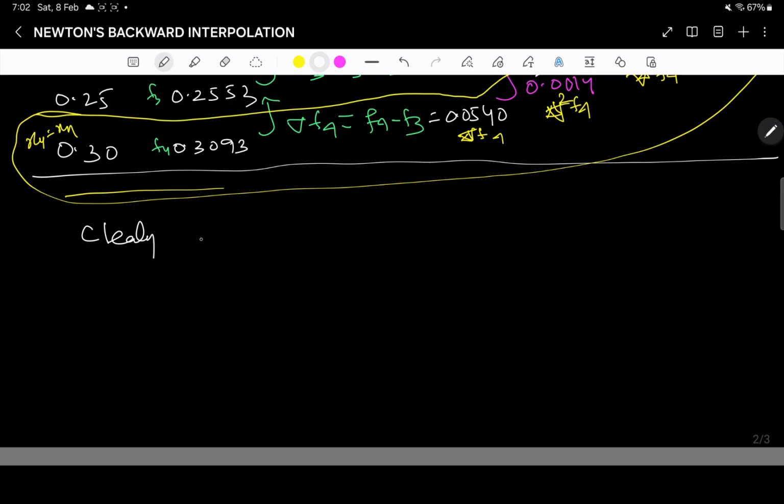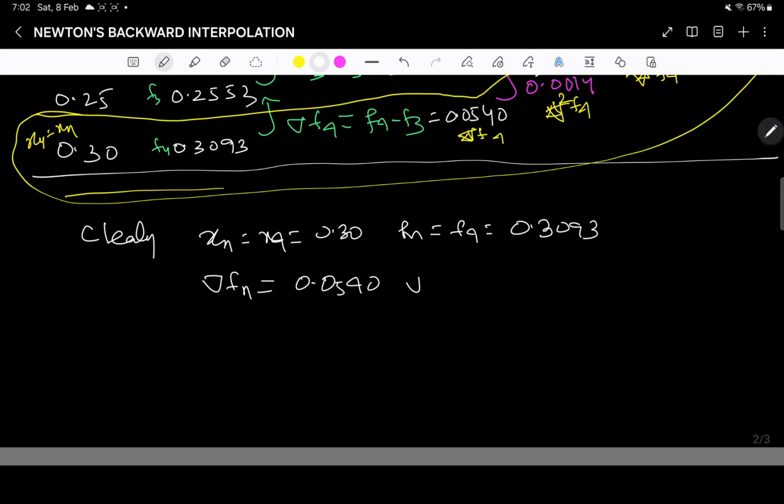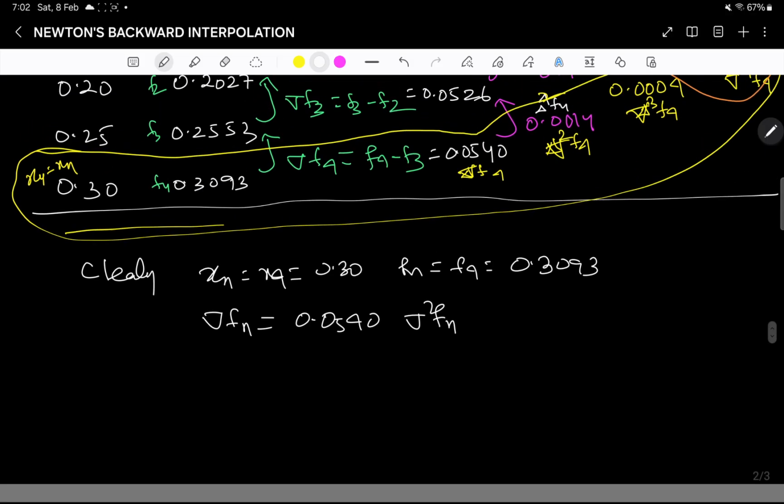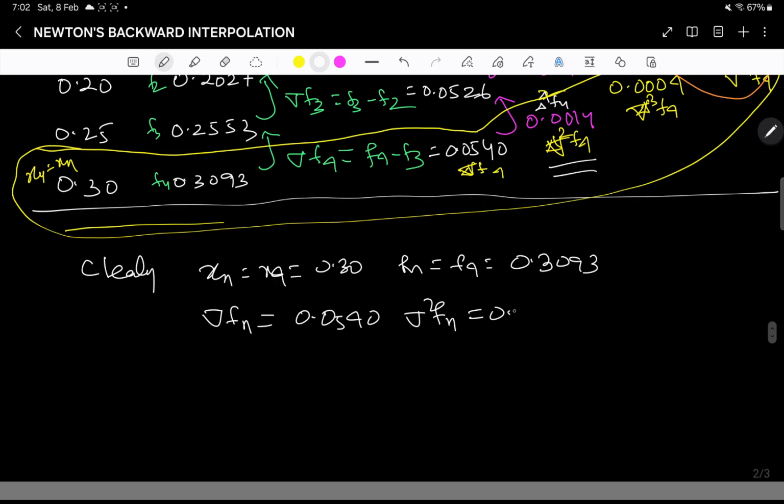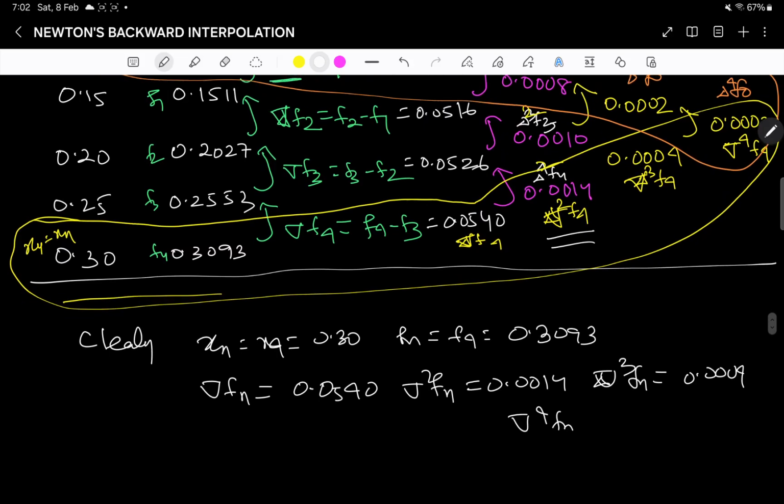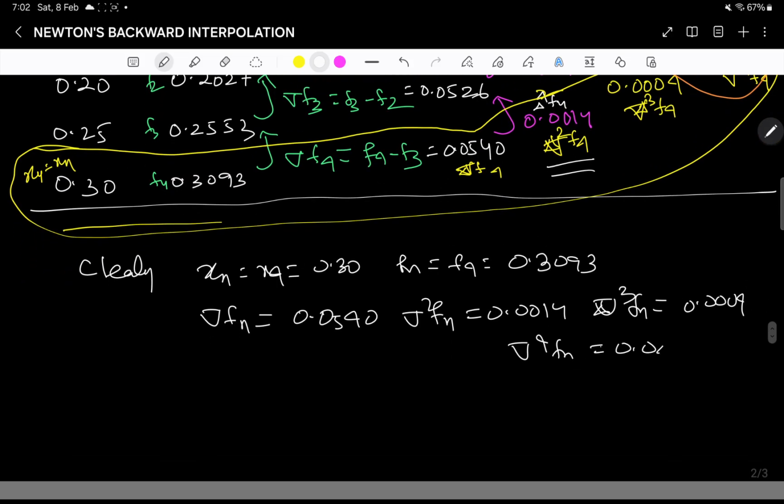Clearly, before I use the formula, my xn is equal to x4, which is 0.30, and my fn is f4, which is 0.3093, and my del fn I got is 0.0540, and my del square fn is 0.0014, and my del cube fn is 0.0004, and my del fourth fn is 0.0002.